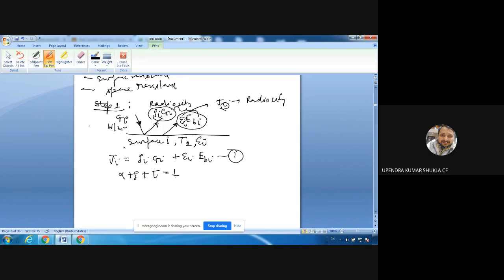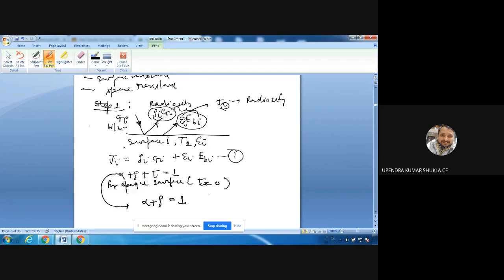So the sum of the fractions would be equal to 1. Now since we are taking an opaque surface, transmittivity is equal to 0. So this equation will reduce to alpha plus rho is equal to 1.